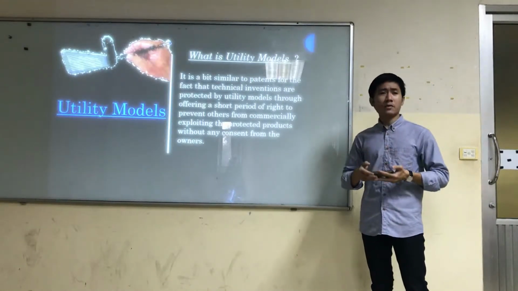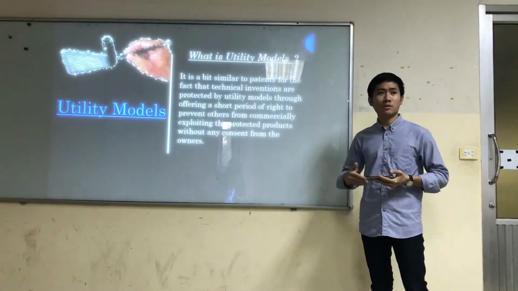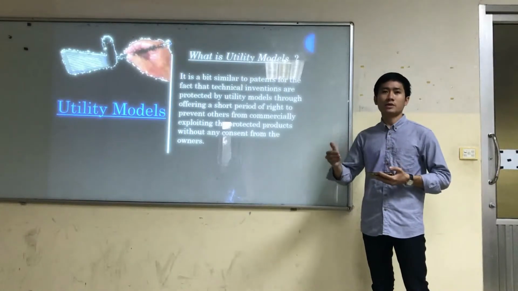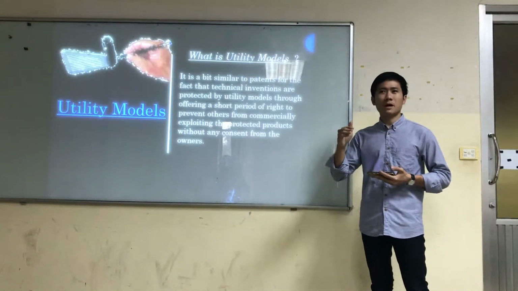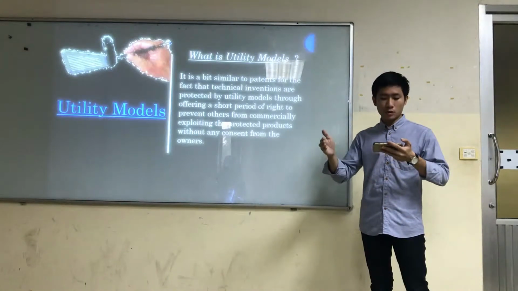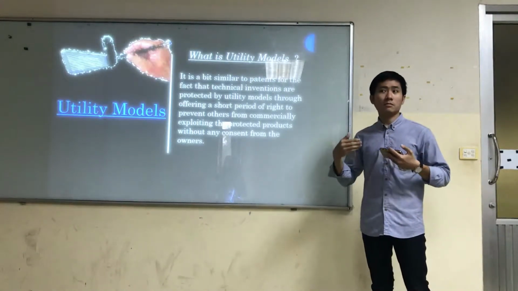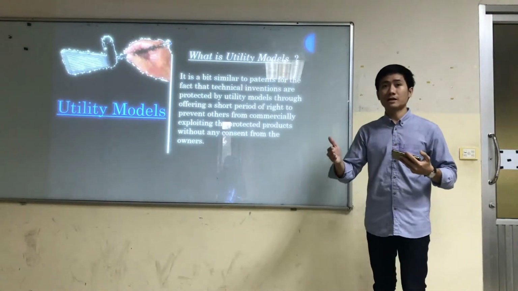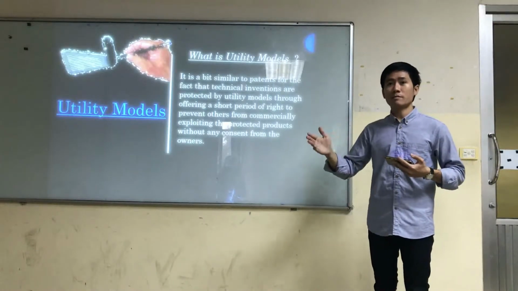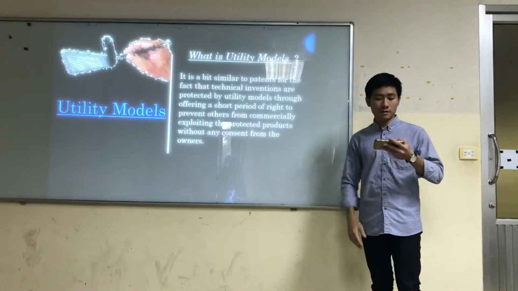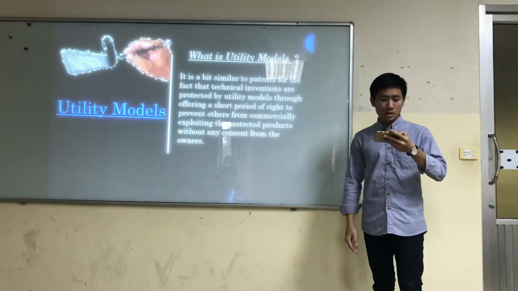The period of protection in utility models is usually about 6 to 10 years, but the practice of different countries may differ. Some countries may be longer than 10 years, like 15 years.